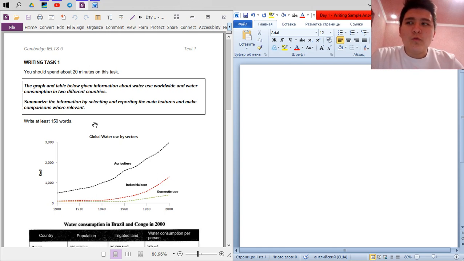And why is planning important? Well, there are a lot of reasons, but I think the main reason why planning should be your priority is that a lot of the time students end up producing a response that is irrelevant to the actual task.